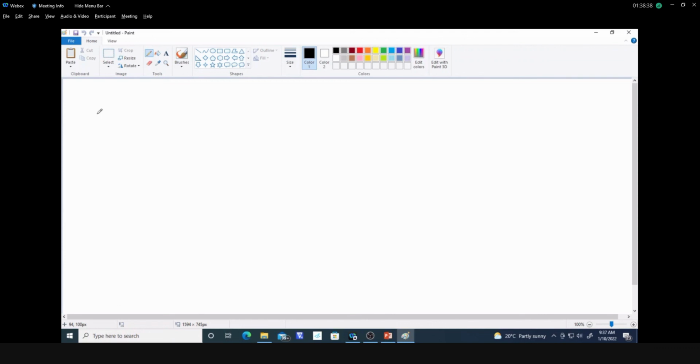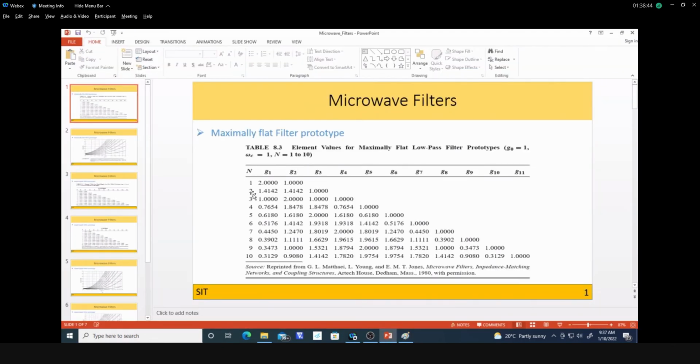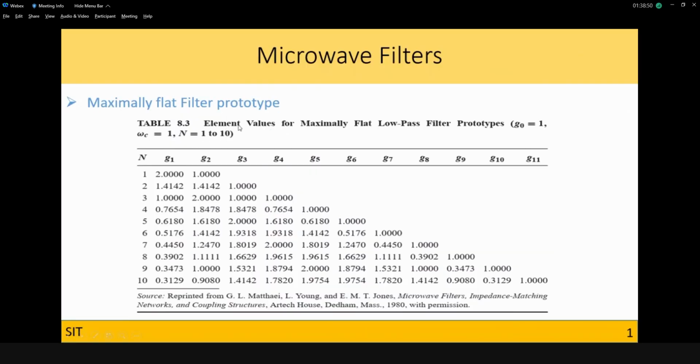You can see one more thing. I'll show the filter responses, and the G1, G2 values for a particular order of the filter. You can see these element values for maximally flat low pass filter prototypes. G naught equals 1 and the normalized cutoff frequency equals 1, where n varies from 1 to 10.